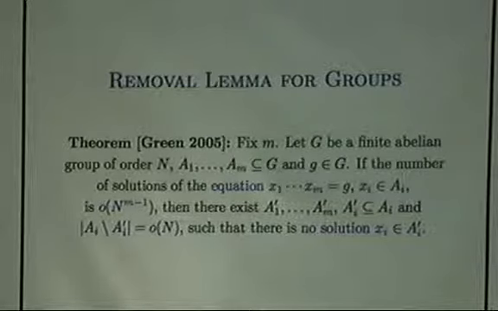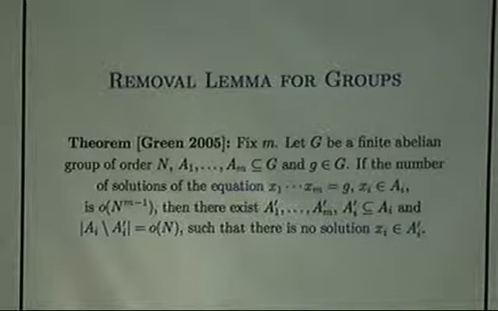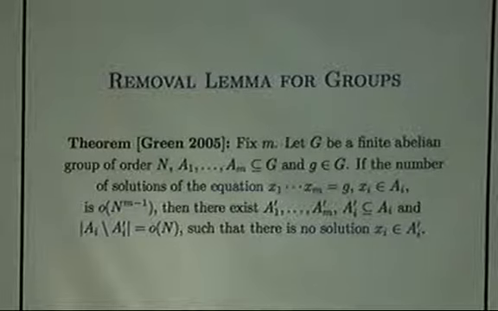So what does the statement say? You fix m. m will be the number of variables that appear in some equation over an abelian group G. The lemma says that for every abelian group G, which has some order capital N, so this capital N will appear as a parameter, like before we had a graph G with small n vertices.